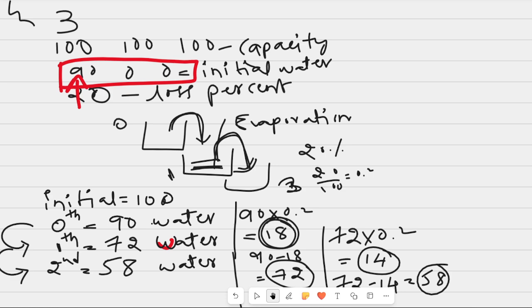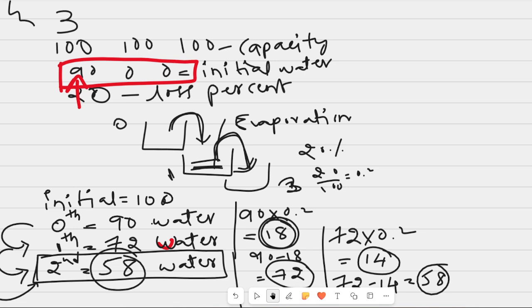So we need to return the amount of water present in the n minus 1th chamber. This is the last chamber we have, right? We have three chambers, 0, 1, 2, so the last chamber is the second chamber. In this we have 58 amount of water.